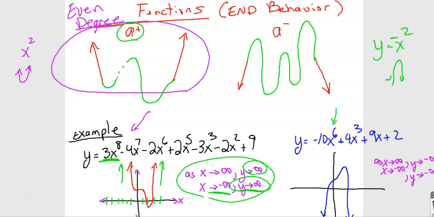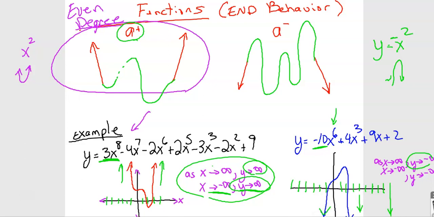If the a is negative, just like this one, as x goes towards positive infinity, y goes towards negative infinity. So as it gets further and further this way, the graph gets further and further down. As x goes towards negative infinity, then y goes towards negative infinity.